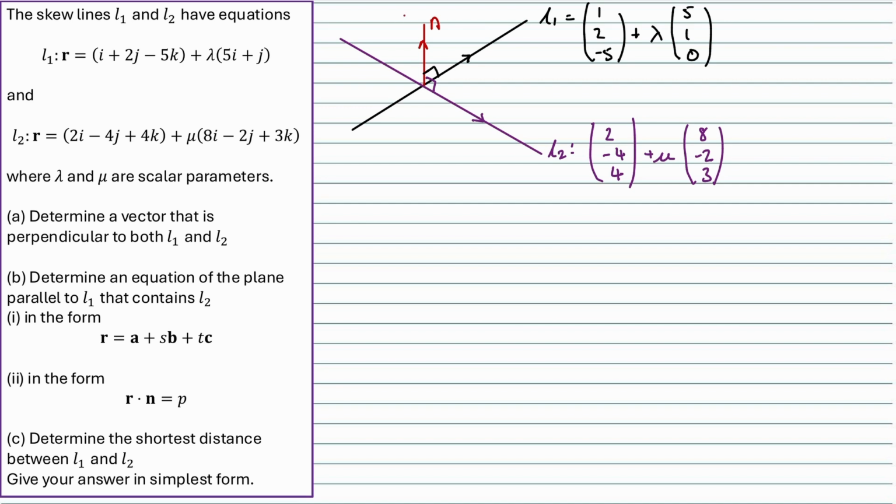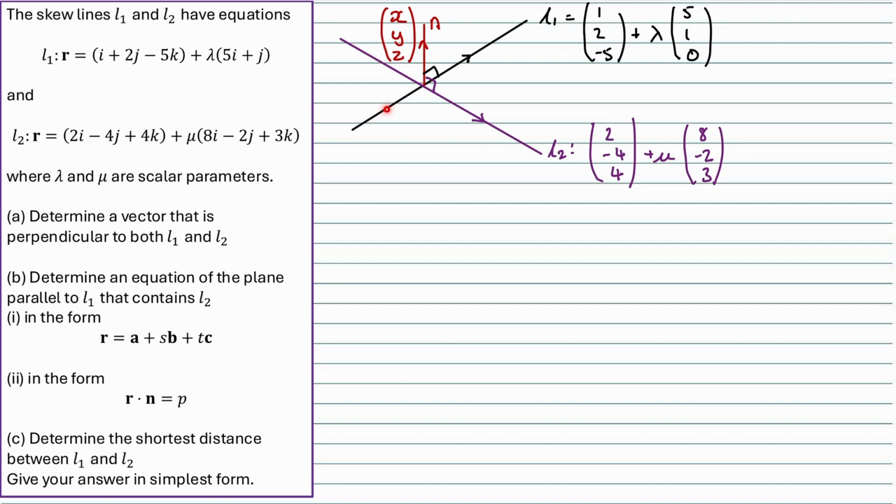And we know the normal vector will have an x, a y, and a z component. So we need to find the values of x, y, and z. Now there's a couple of ways we could do this. If we're studying Further Pure 1, we'll learn about the cross product, and we could cross the direction vectors of L1 and L2, and this will give us x, y, and z. In Core Pure 1, we need to use the scalar product.